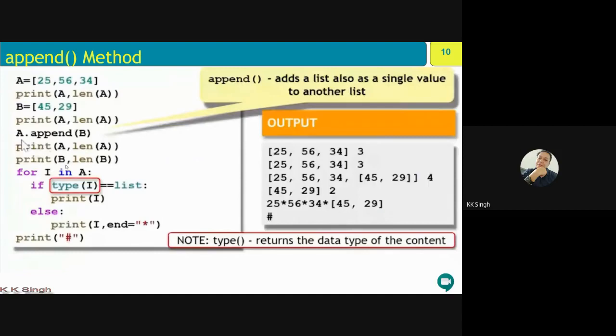Over here, you will observe a miracle, or you might feel it out, when I compare the type of variable I, which is traversing list A. I am comparing whether the type of item I is a list or not.